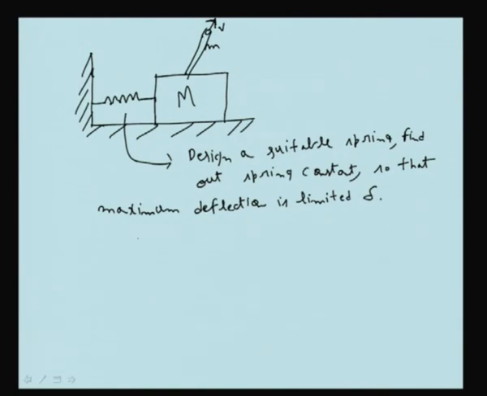In this case, you can apply the conservation of momentum principle to find out the horizontal velocity of mass m.